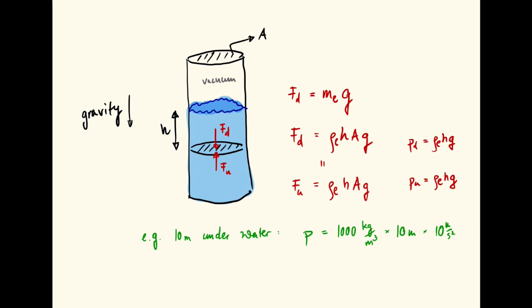Really, g is not 9.81, but if we just do one significant figure, then we find that this is about 10 to the 5 kilogram meters per second squared, which is 10 to the 5 Newton per meter squared, or 100 kilopascal. And 100 kilopascal is roughly 1 atmosphere.